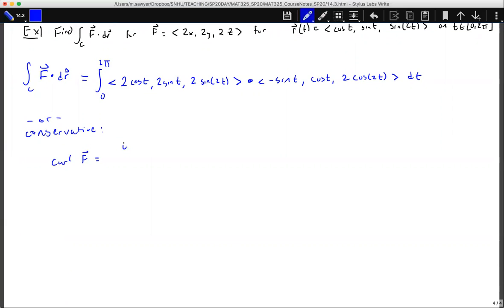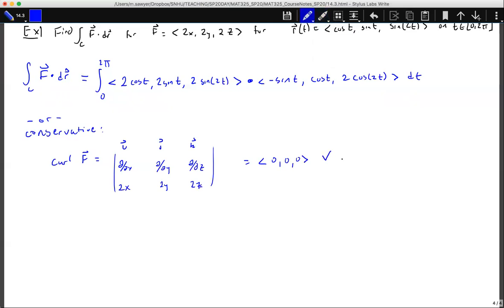So we have our i, j, and k notation here: partial partial x, partial partial y, partial partial z, and 2x, 2y, 2z. And so we get this as the vector 0, 0, 0.